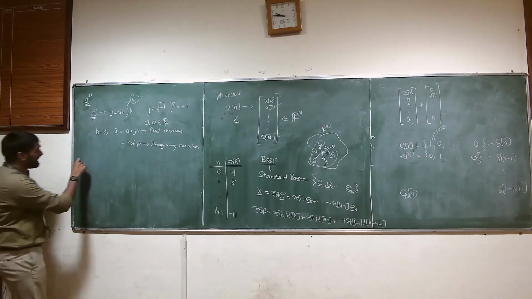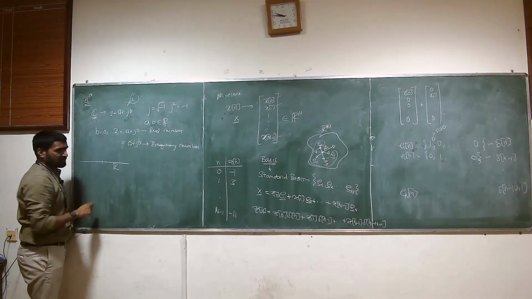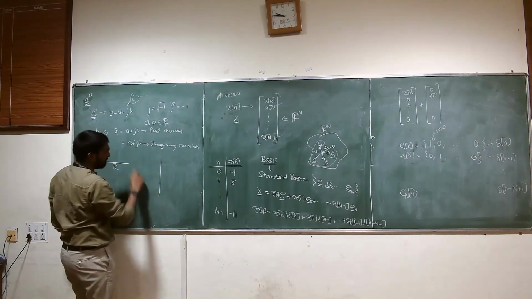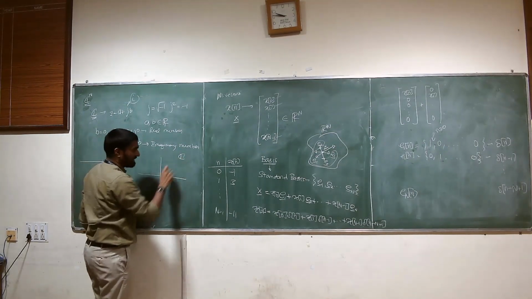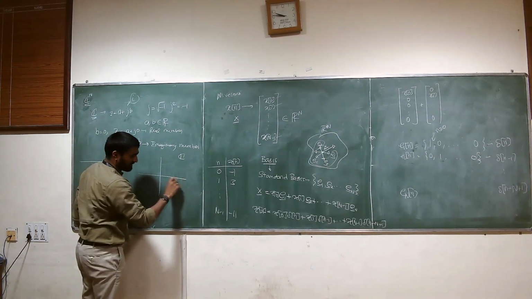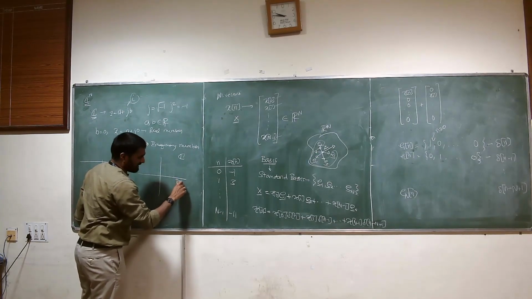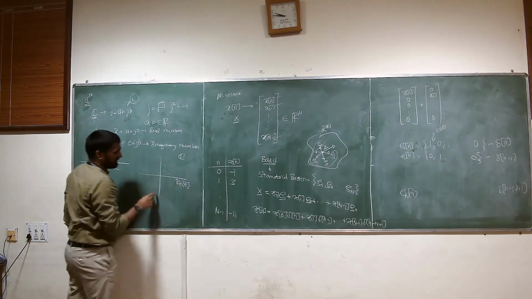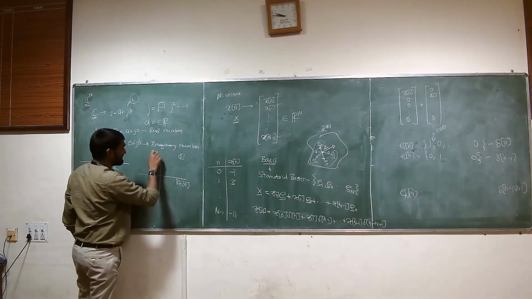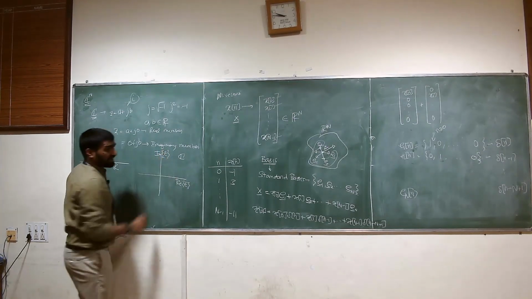If real numbers are represented by the real line, complex numbers of this form, because you have two numbers, are represented by the complex plane, where the horizontal axis corresponds to the real component, usually written as real of z, and the vertical axis represents the imaginary value.